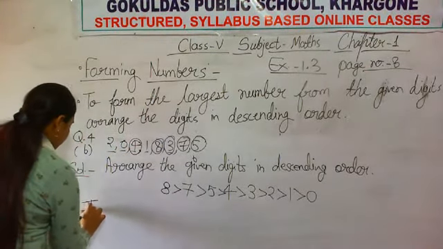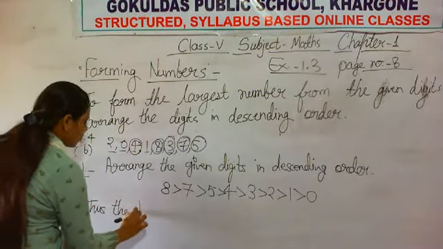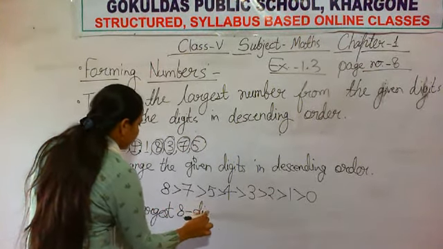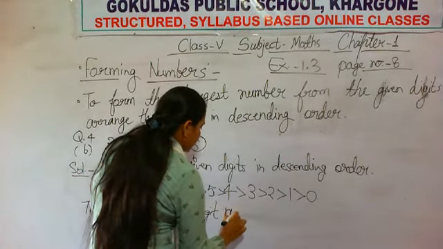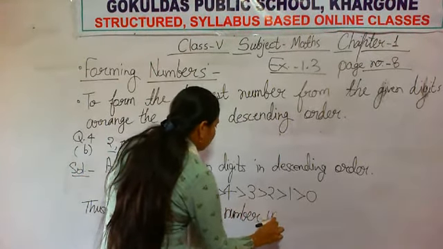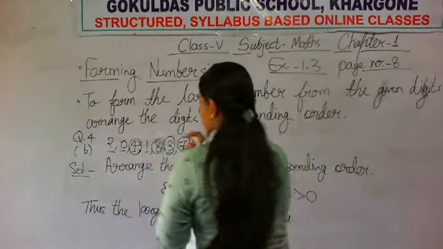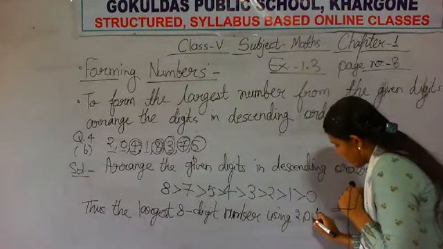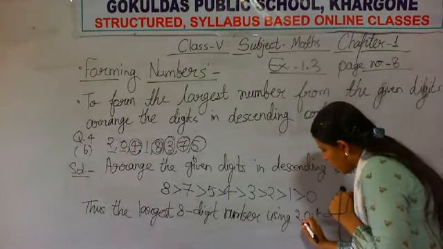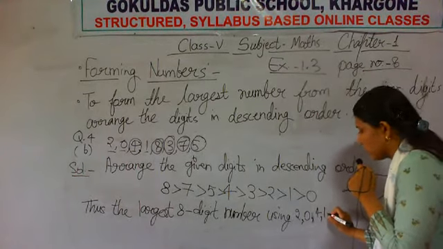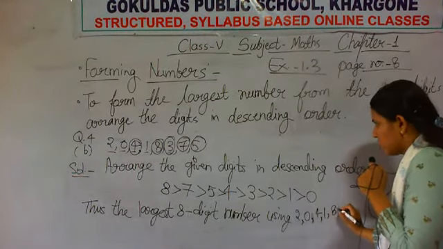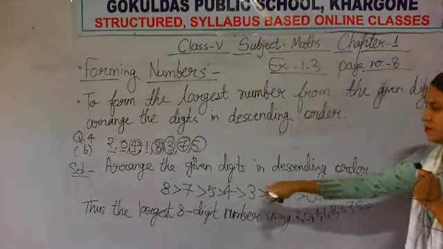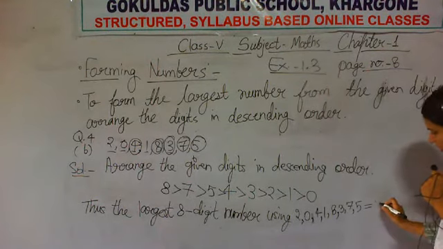Thus the largest 8-digit number using 2, 0, 2, 0, 4, 1, 8, 3, 7 and 5 is, remove all the symbols and write all the digits together.